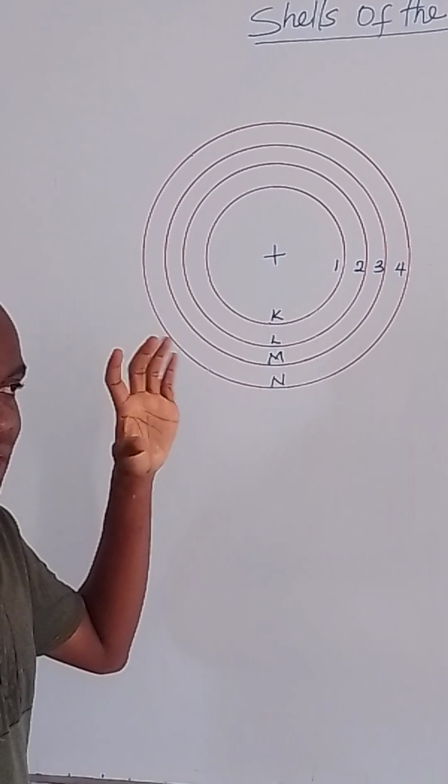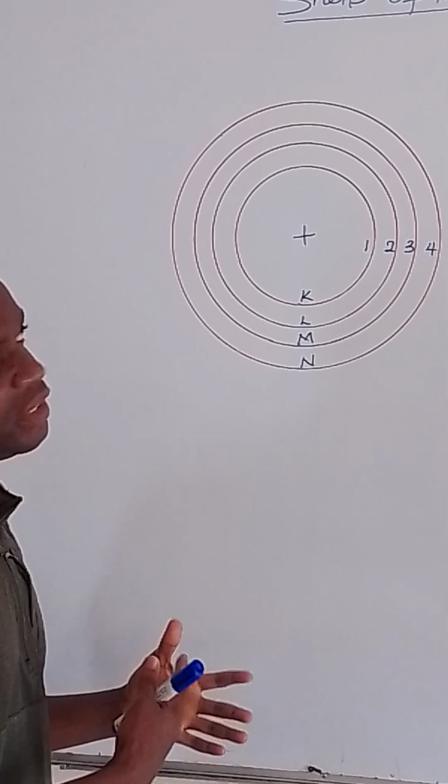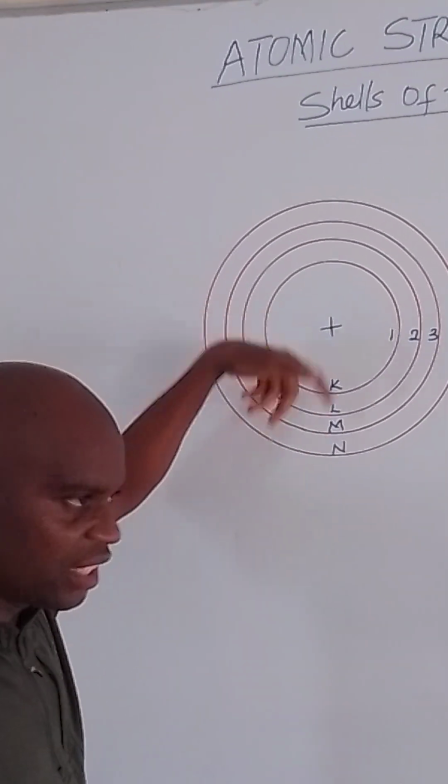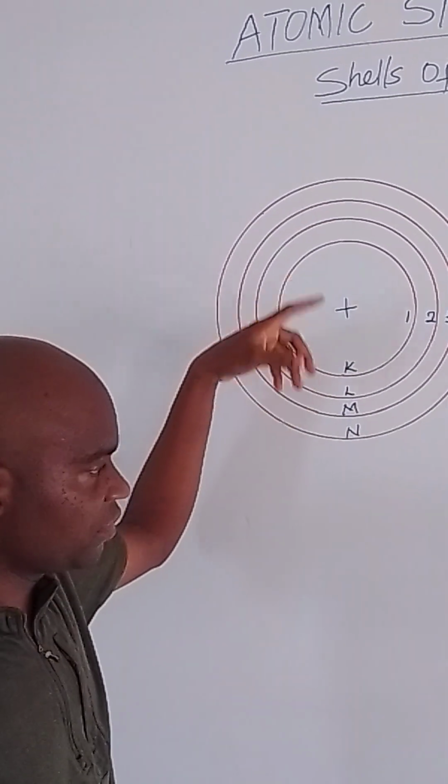Now each of these shells has a maximum capacity of accommodating electrons. Remember we said that the electrons are found in the shells of the atom.